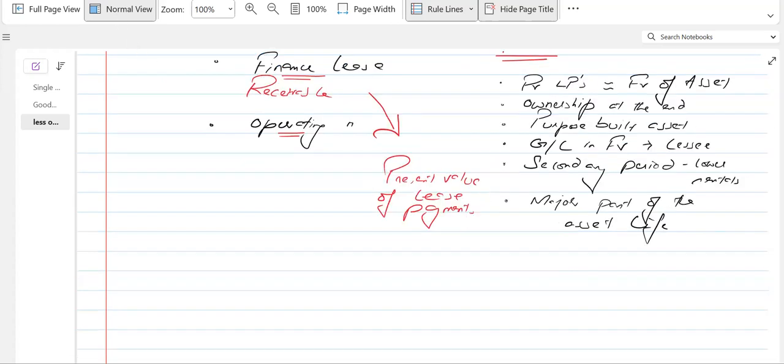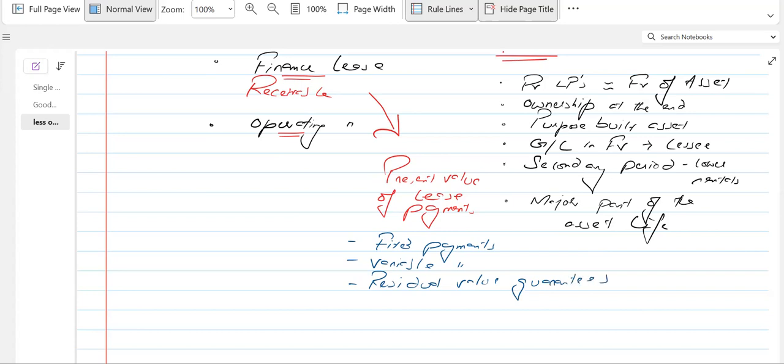And all those payments which were involved in a lease contract. If you remember from the standard, it used to be the fixed payments, which are the annual payments, and then variable payments, for example, if the market rentals change. Then there were the residual value guarantees, then termination penalties.